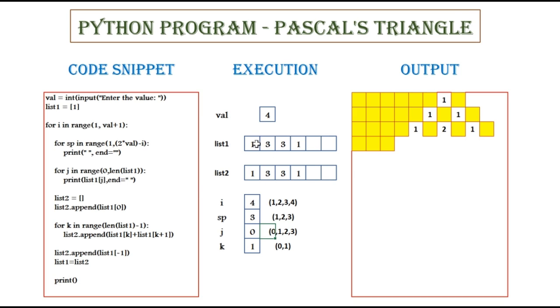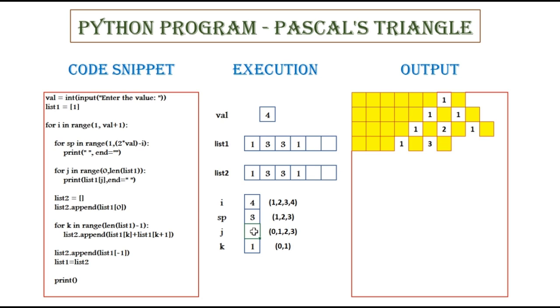List 1 of 0 is 1, which I'm printing here, followed by a blank space. Next, j becomes 1. Then I'm printing list 1 of 1. So list 1 of 1 is 3, which I'm printing here, followed by a blank space.